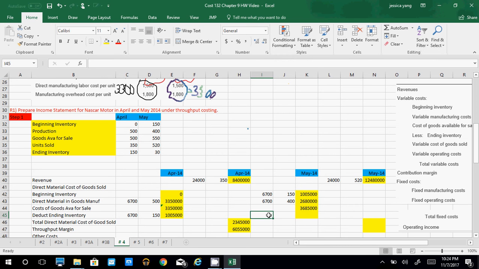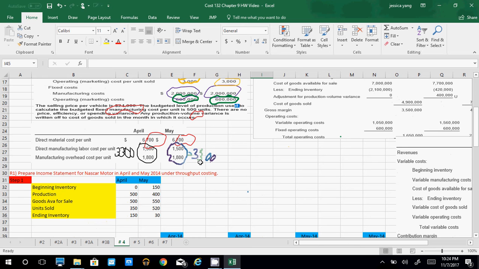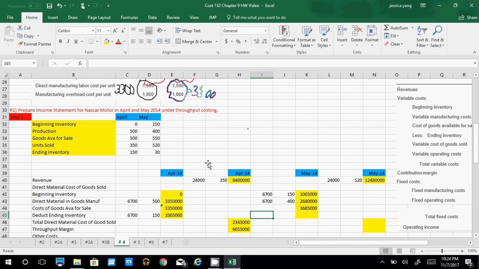For deduct ending inventory, we would still take the 6,700 of direct material cost per unit in May and multiply that by our 30 units in ending inventory, which gives us 201,000.